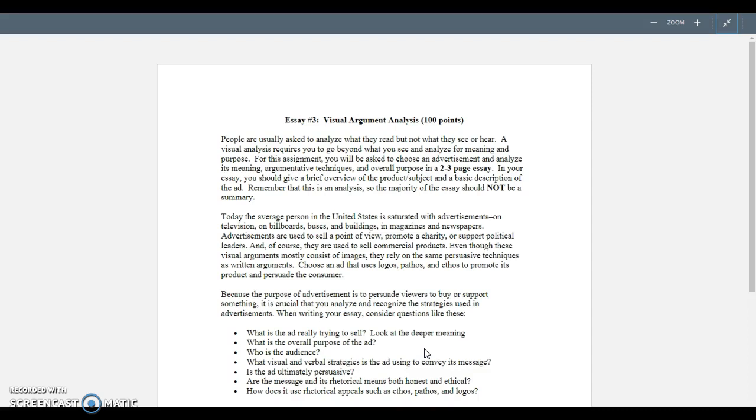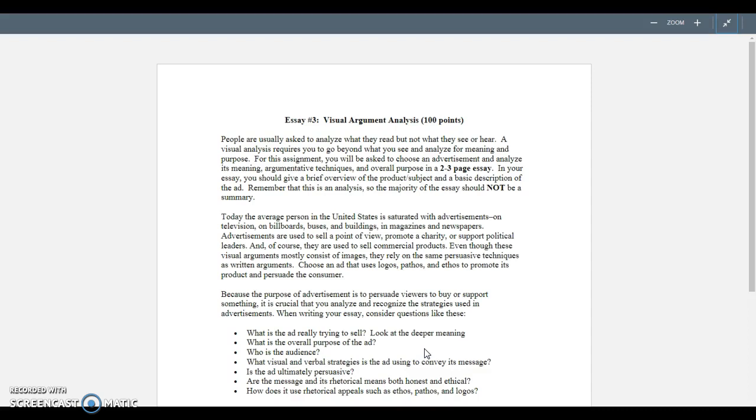Now, I understand that not everybody has access to magazines. In that case, you can go ahead and pick an ad from Google. However, you need to make sure that the ad is credible, meaning that it comes from an actual advertising company. It wasn't an ad created by just somebody online. If you type ads in Google and then you go to images, there are a lot of ads out there.